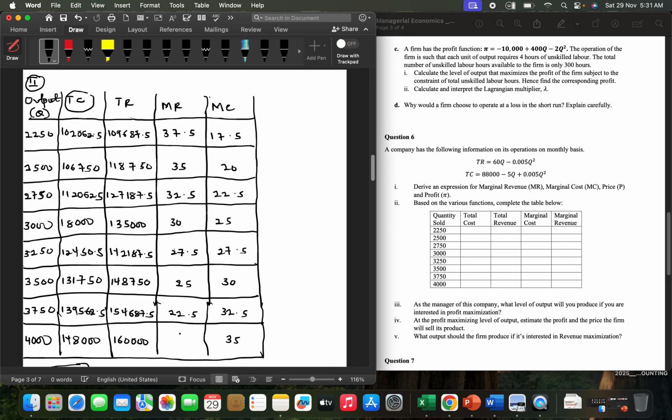Then the last one, the output was 4000. That would give us 20. So there it is. We are done with the table.